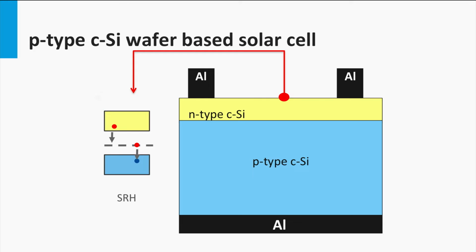For example, high-quality monocrystalline silicon wafers have no defect-rich grain boundaries in the bulk. The lifetime of the charge carriers is limited by the recombination processes at the wafer surface. In order to reduce the surface recombination, two approaches are used.